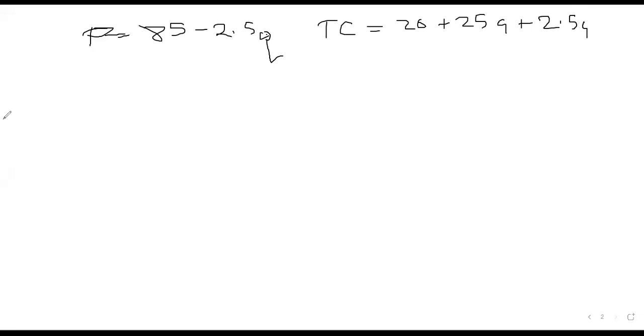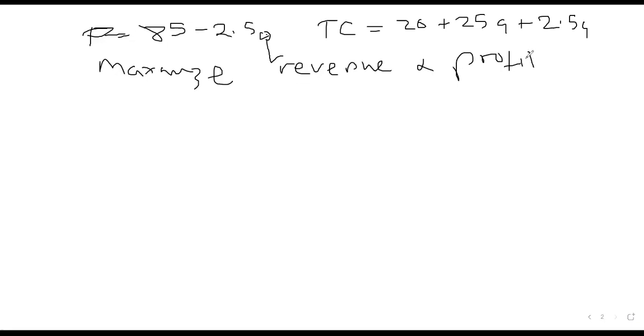So they're asking you to do what? Maximize revenue and maximize what? Profit. The two things. Maximize revenue and profit. 10 marks, 5 for each.